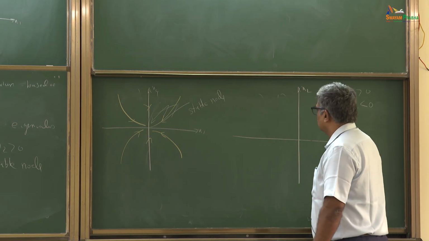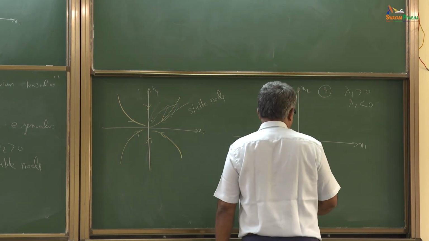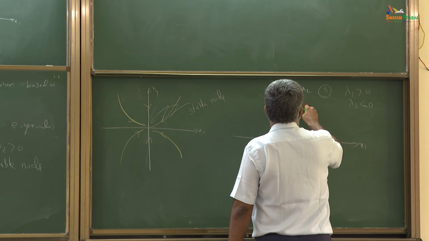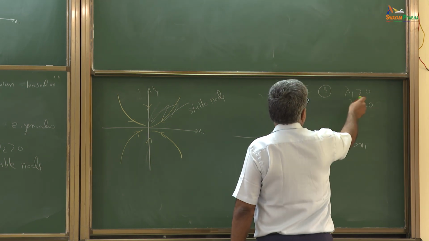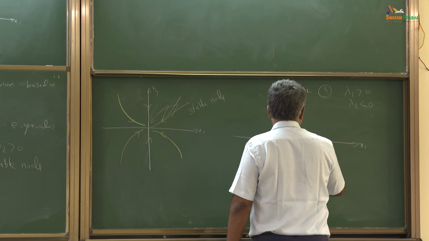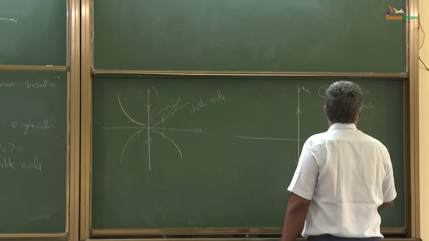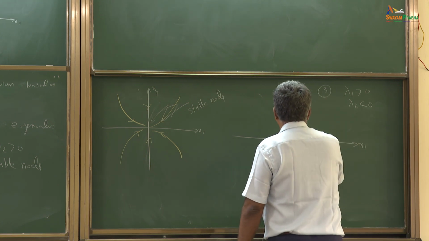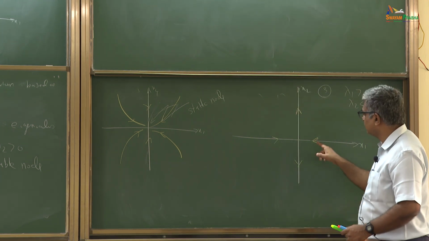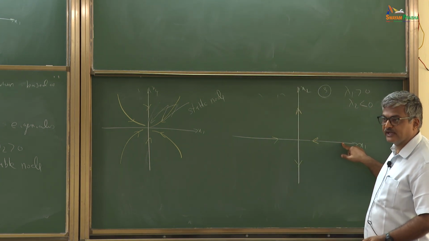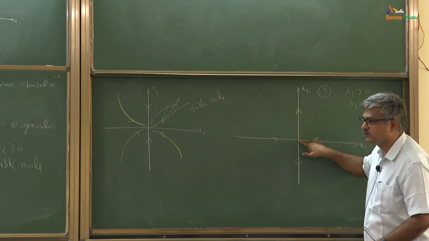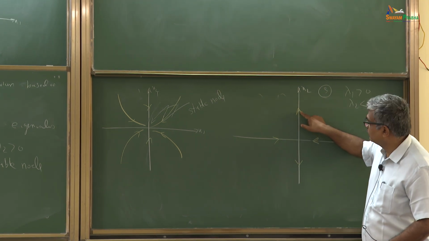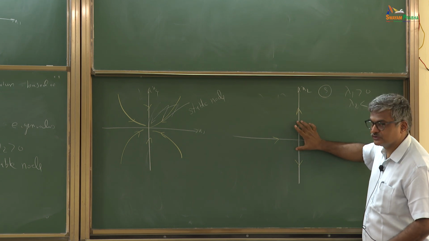So suppose this corresponds to lambda 1 positive, so it will go away, but lambda 2 is negative, so it will come to the origin. If you start an initial condition on the x1 axis, you will reach the origin, but anywhere else, say on the x2 axis, you will diverge, right?